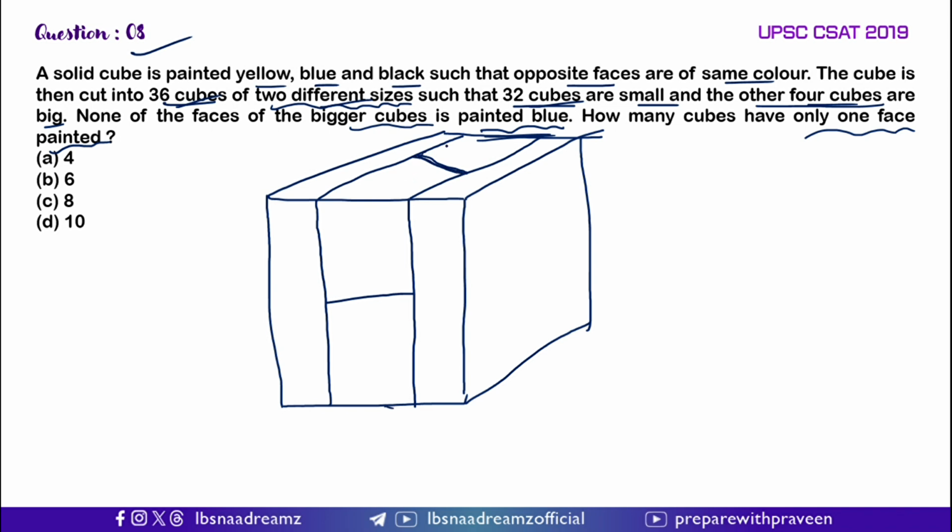If you cut like this, we will have 1, 2, 3, and the hidden portion we will have the fourth big cube. Okay, now we have to cut this into 32 small cubes.